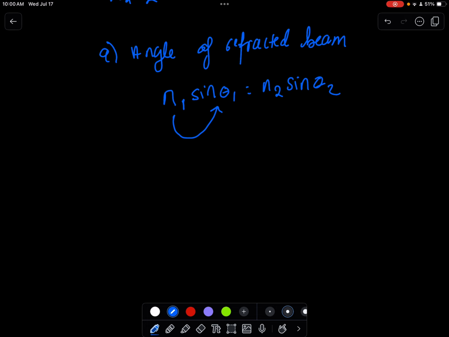But bottom line is that this value here, N1, that's just the speed of light in a vacuum relative to the speed of light in air. So we approximate that as C over C, which is just 1. So the refractive index of air we approximate as 1 is equal to N2 sine theta 2. And so that is hydrogen peroxide. So what that means is this is the speed of light in a vacuum relative to the speed of light in hydrogen peroxide.